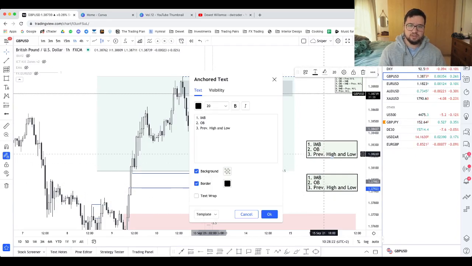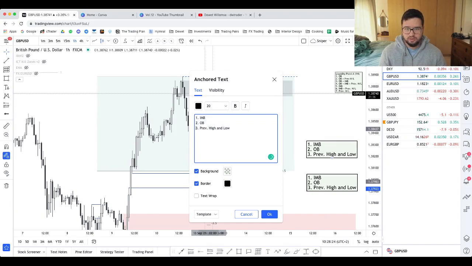moving. Now we just need to switch this around so we can just cut it like that.